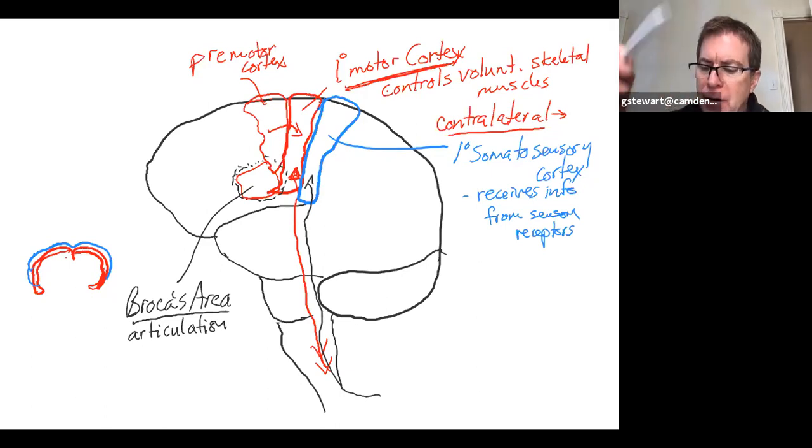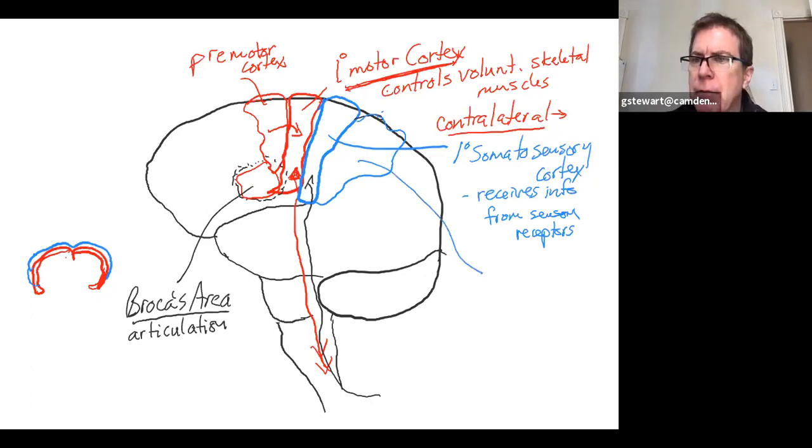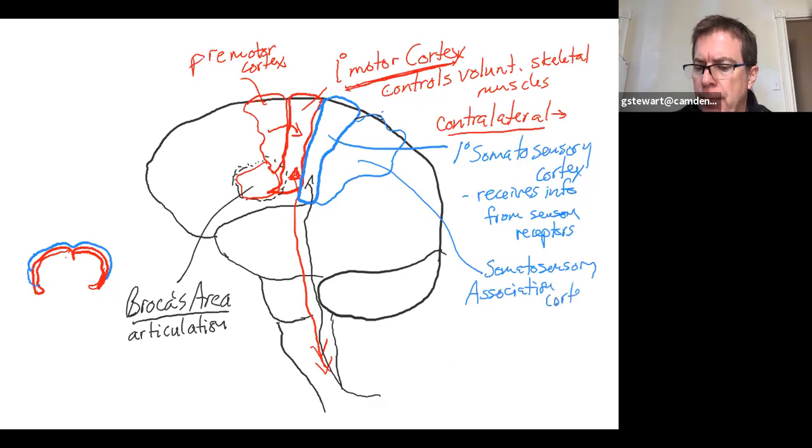And the somatosensory association cortex, which is located just behind it, let me get my blue pen back. It's an area right here. It's a little bit bigger. That's called the somatosensory association cortex, or area. That's behind the primary somatosensory cortex, posterior to it.